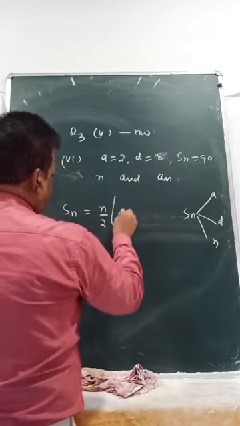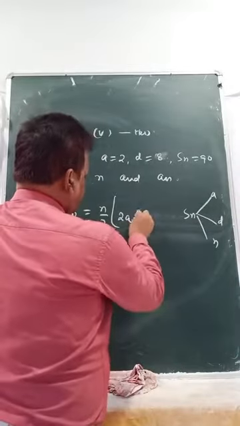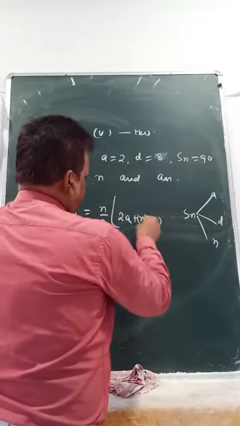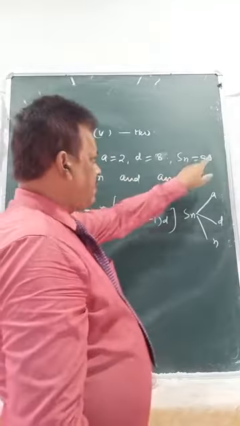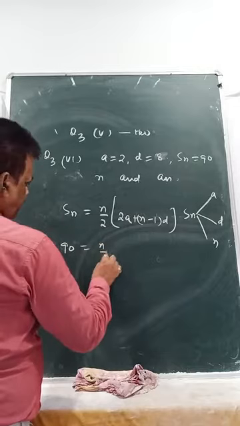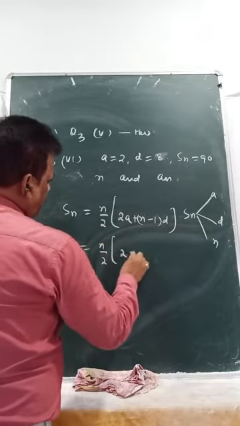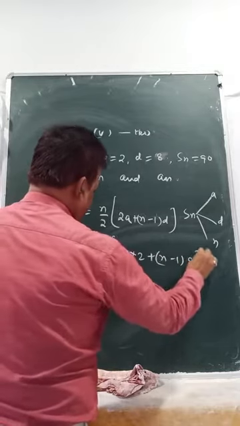N by 2. The last term is not given, so we use the formula 2A plus (N minus 1) into D. So in place of Sn, write 90 equals N by 2 (2 into 2 plus (N minus 1) into 8).